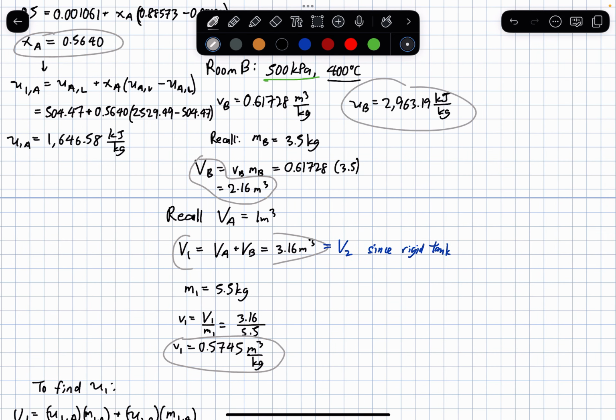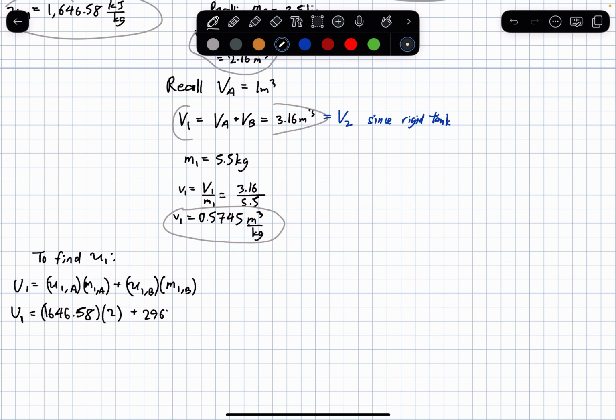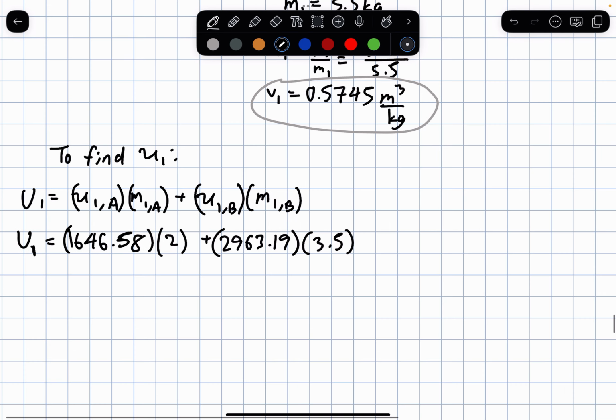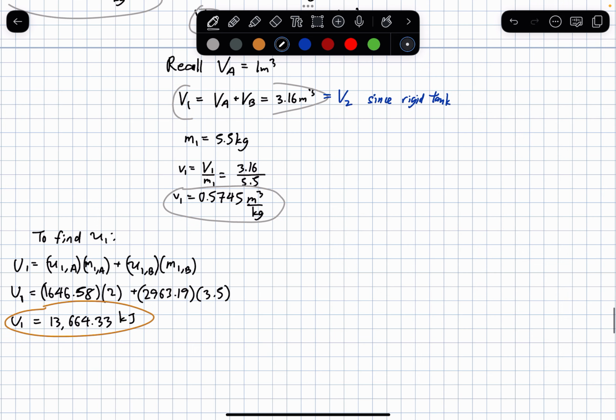U sub 1B is 2963.19, 2963.19, and then 3.5. So 13,664.33 kilojoules. That's it. This is not the final answer. It's not boxed, no?